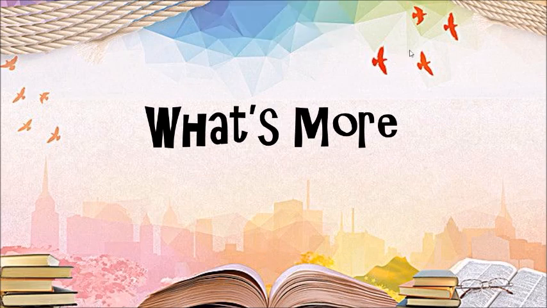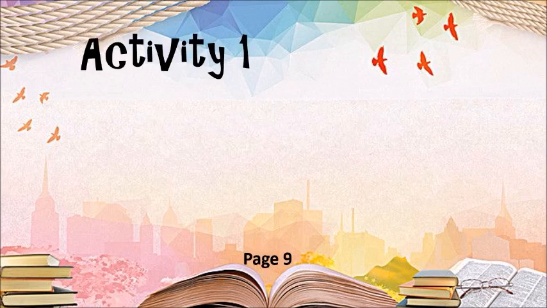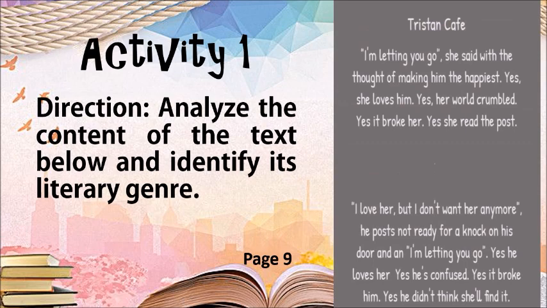Okay, so we're done discussing the 21st century literature genre and the major literary genres. Now let us proceed with your activities. Open your module on page 9, activity number 1. It says here: analyze the content of the text below and identify its literary genre.